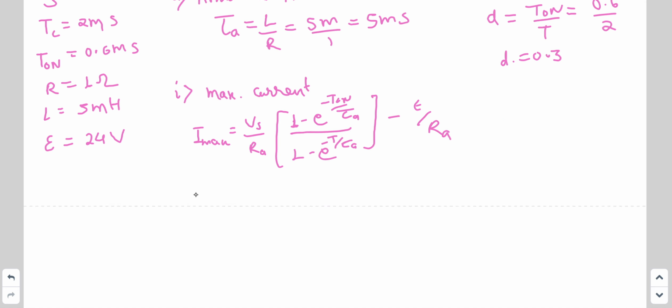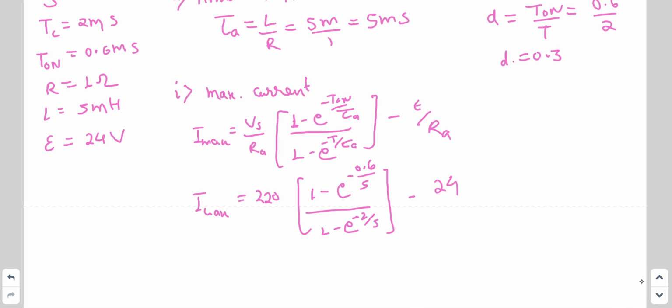So put all the values. I max is equal to Vs is 220 volt, Ra is 1, 1 minus e to the power minus T on time 0.6 millisecond and tau A 5 millisecond, divided by 1 minus e to the power minus T which is 2 millisecond and tau A 5 millisecond, minus E is 24 volt, Ra is 1.